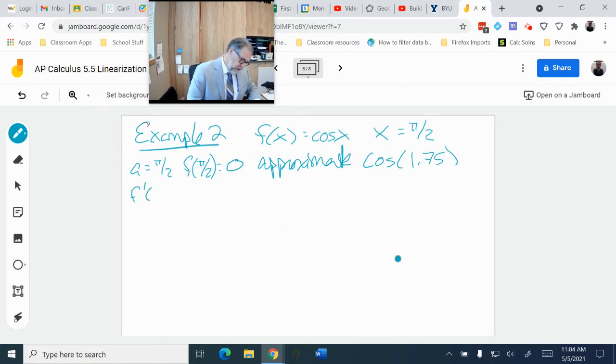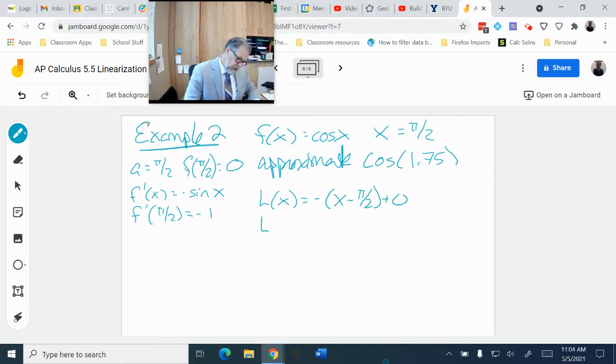The derivative of cosine is negative sine, which means the derivative at pi over 2 is negative 1, which means that my linearization is negative (x minus pi over 2) plus 0, which means that my linearization is negative x plus pi over 2.